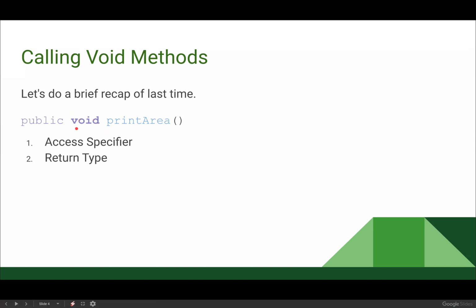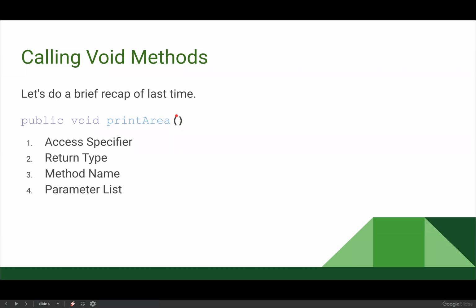Then we have our return type. Currently, we're just sticking with using void. We will talk about different return types next class. Our third thing is our method's name, and that's what the method is going to perform, what action is going to happen. And our fourth thing is our parameter list.